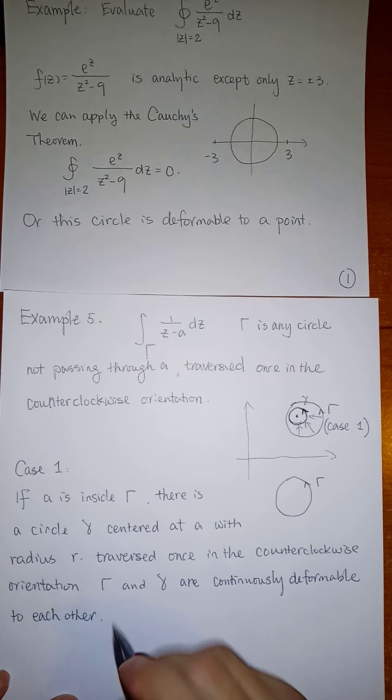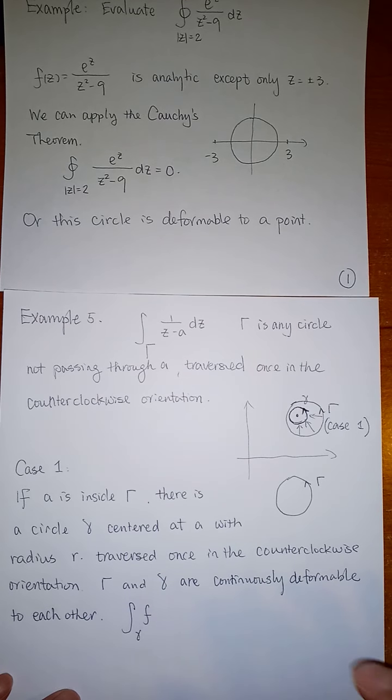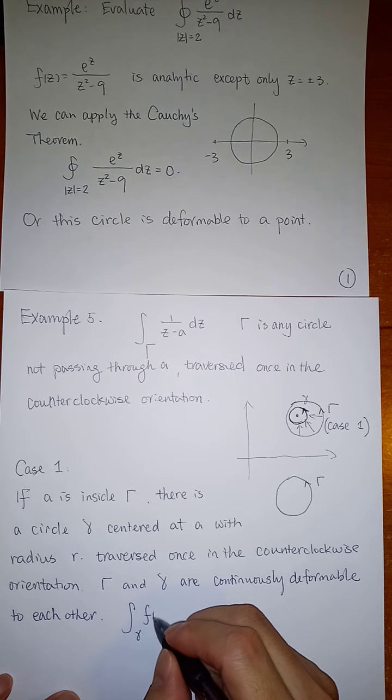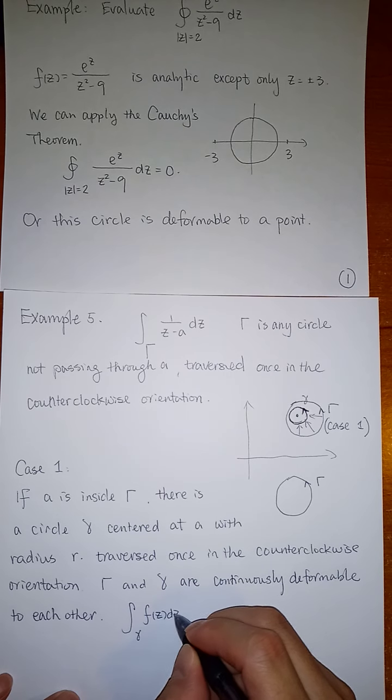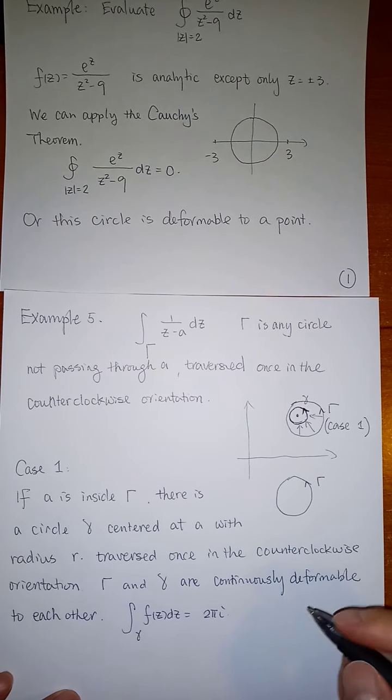We know that the integral of f over little gamma, whenever it's centered at A with radius r, we did a lot of computation. It's always 2 pi i, counterclockwise orientation.